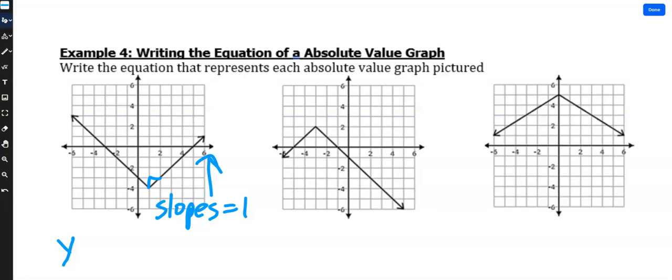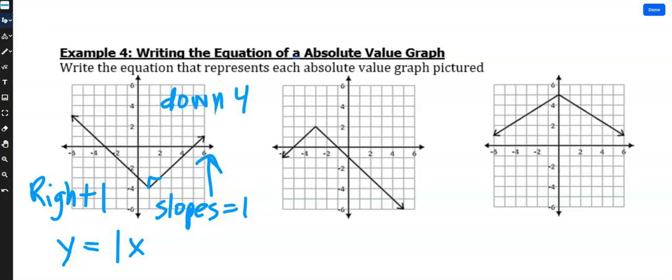So we've got absolute value of x. It also moved right 1 and down 4. So right 1, down 4.